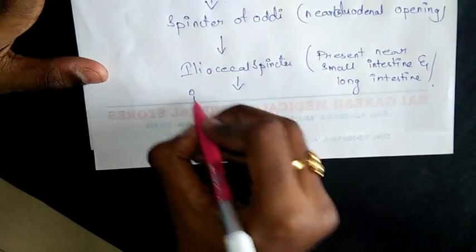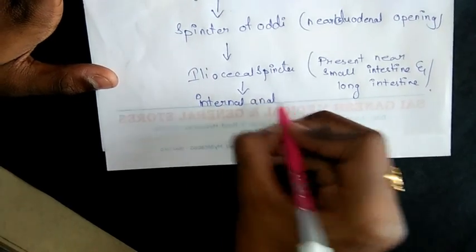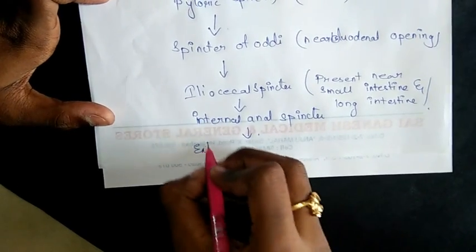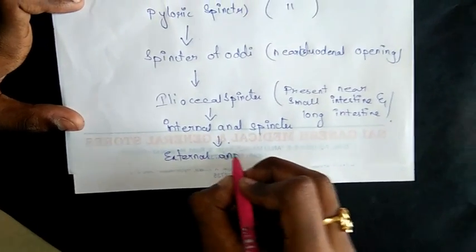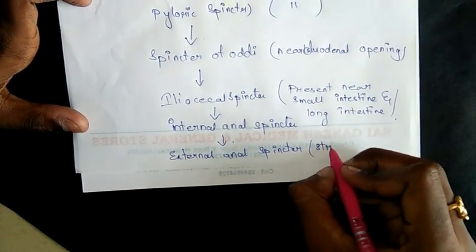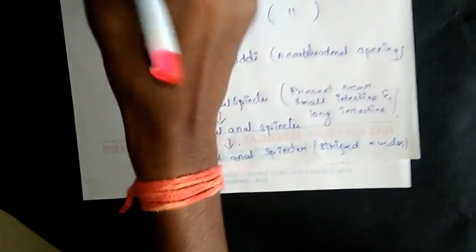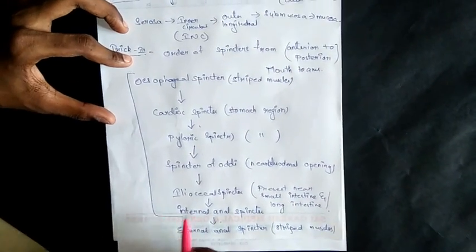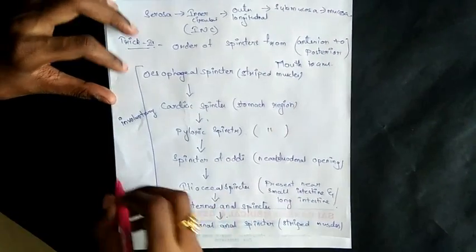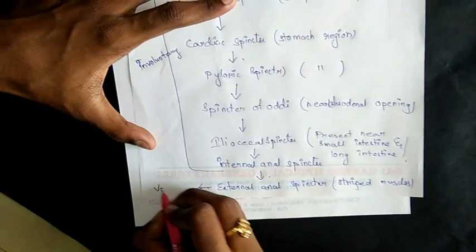Following is the internal anal sphincter, and the final one is the external anal sphincter, which is also made up of striped muscle. All these muscles are involuntary in function, which are not in our control, and this final external anal sphincter is a voluntary sphincter.